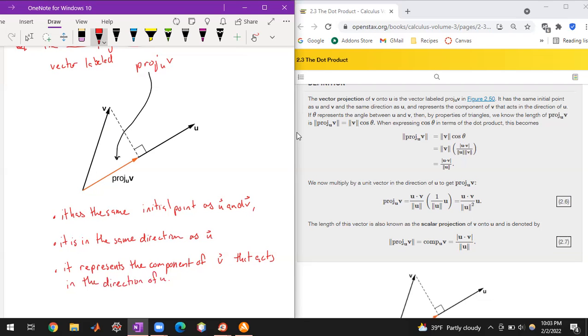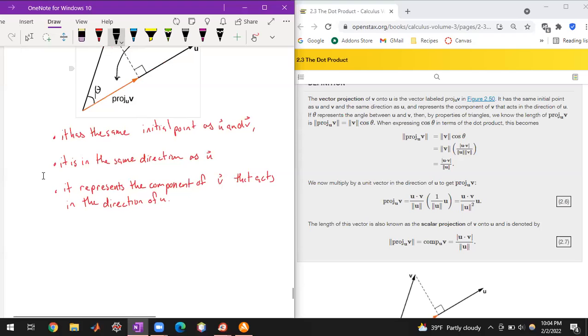All right, so if theta is the angle between U and V, so here's our theta, then by the properties of triangles, we can determine the magnitude. The length of the projection is going to be the magnitude of this vector, which is the magnitude of V times cosine by our properties of SOHCAHTOA. Let's go ahead and write that out.